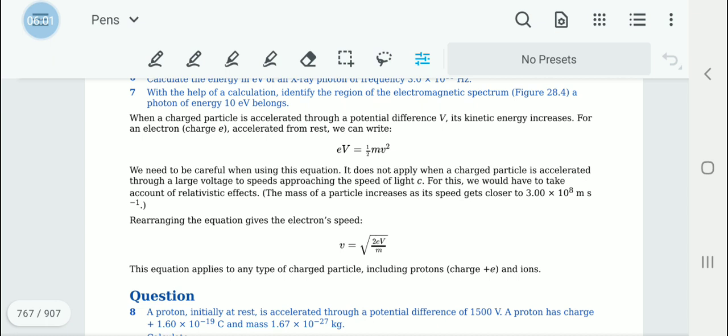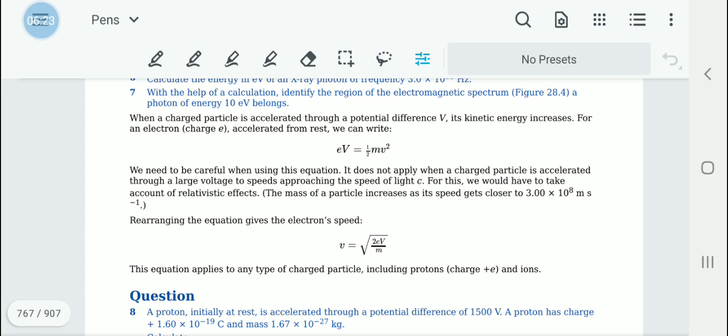Then the theory of relativity will also come into effect. We have to take relativistic effects into consideration, because the mass of a particle would increase when its speed gets closer to the speed of light.